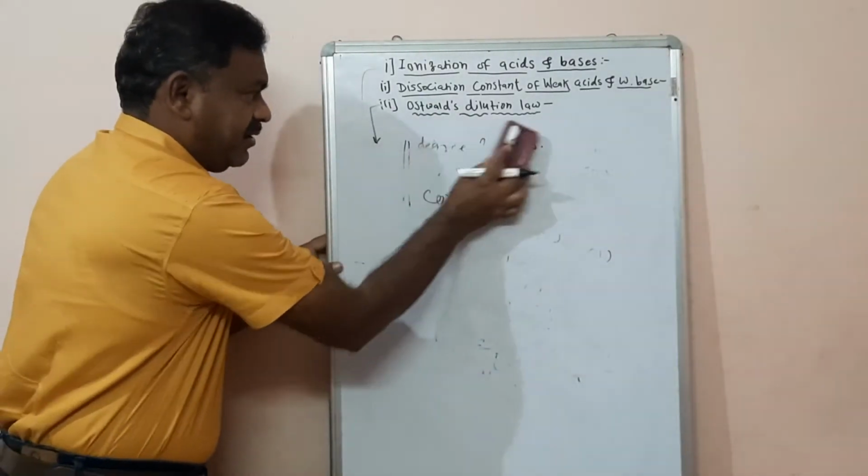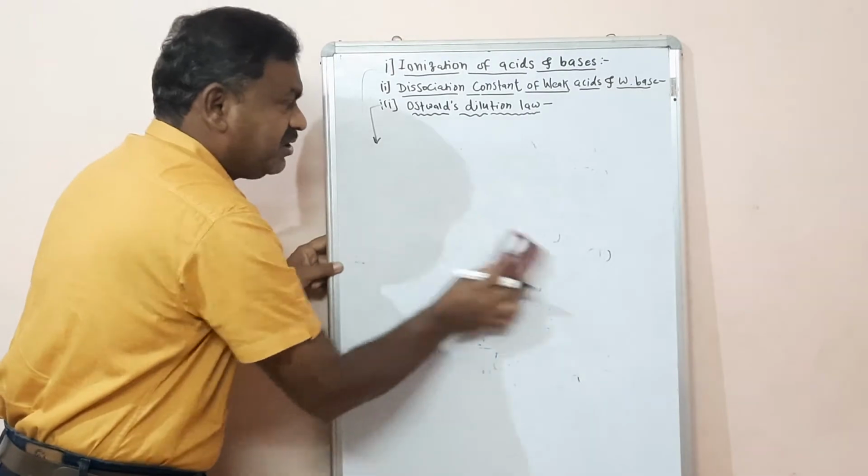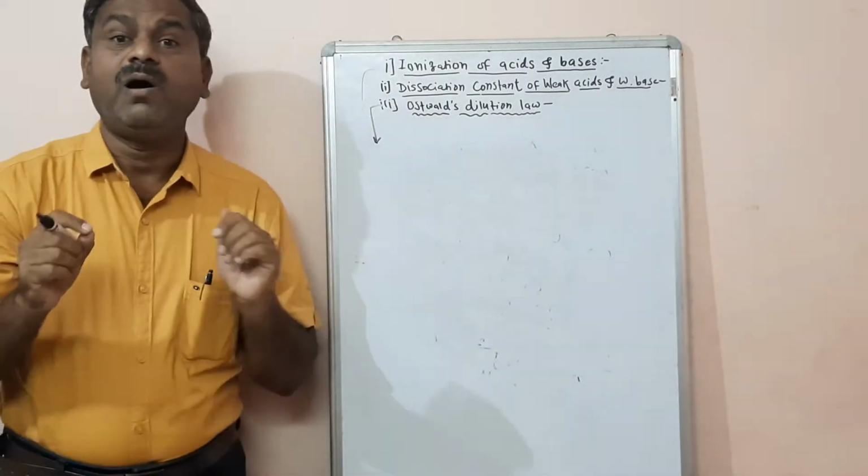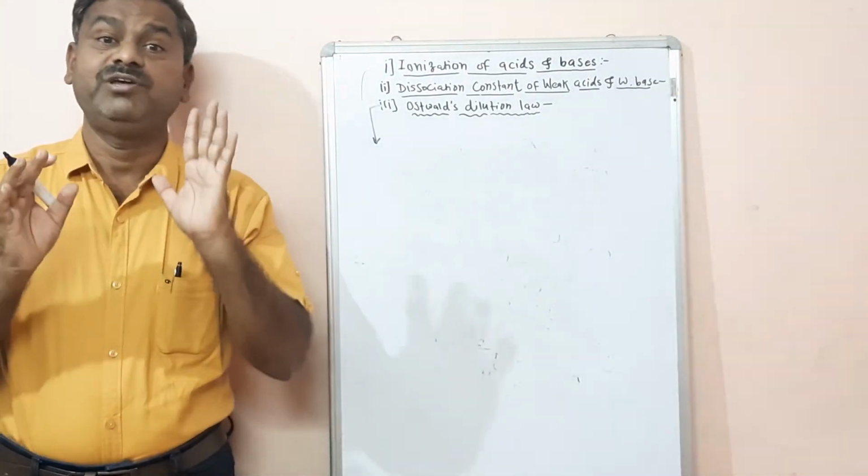Now, how to explain the Ostwald dilution law for a weak acid?